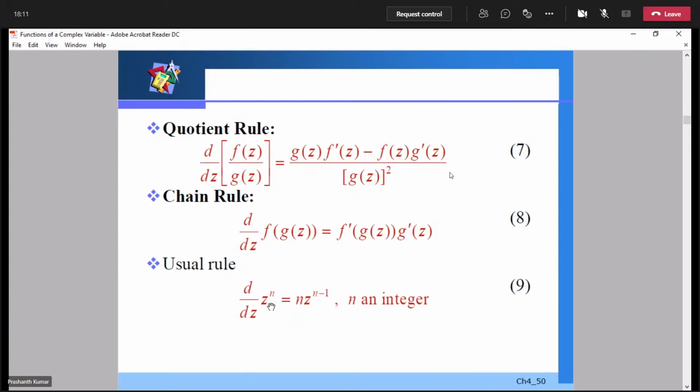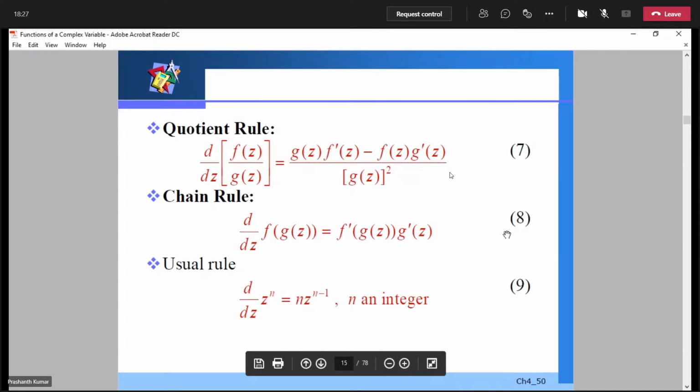Okay, x plus iy is z. So d by dz of z to the power of n, the same thing you apply in the real function, n into z to the power of n minus 1, n an integer.